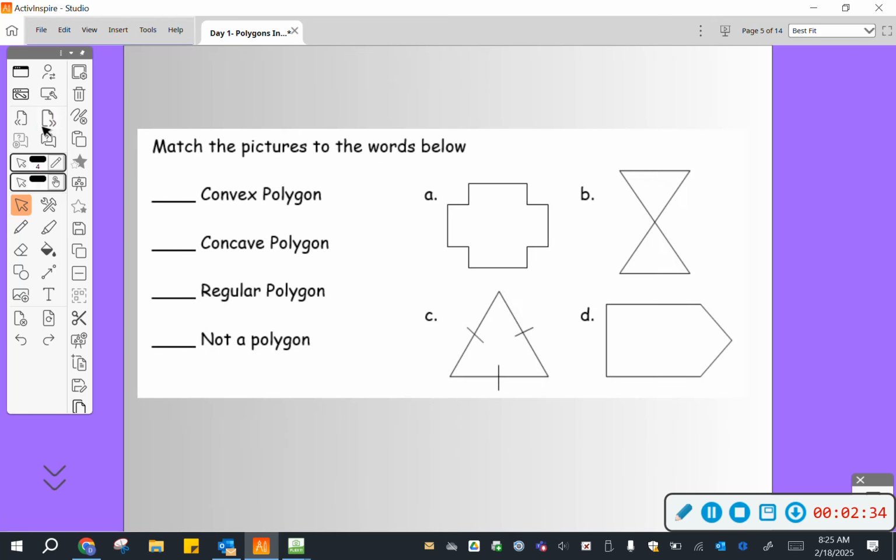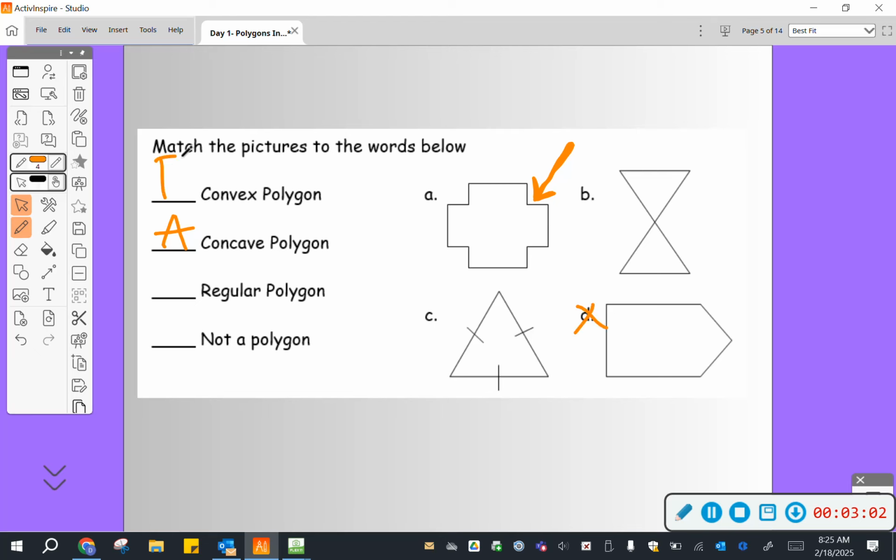So who wants to tell me which one of these is convex? Convex is like B. A caves in. So that's A is concave. D and C are both convex.